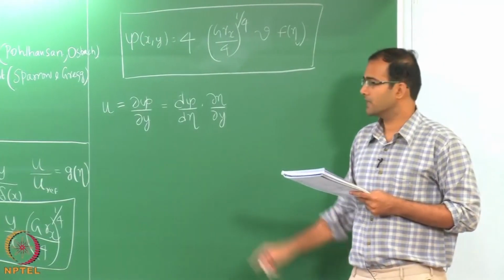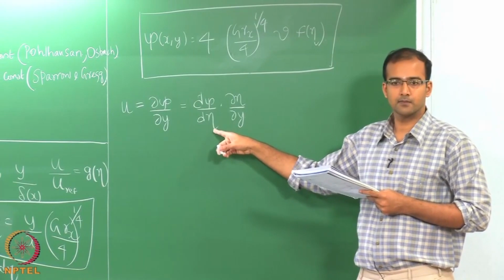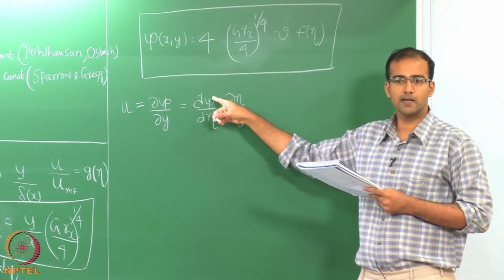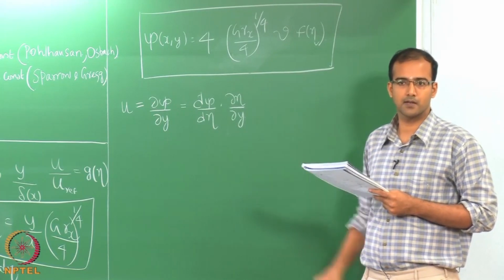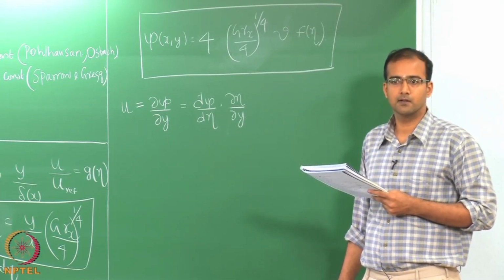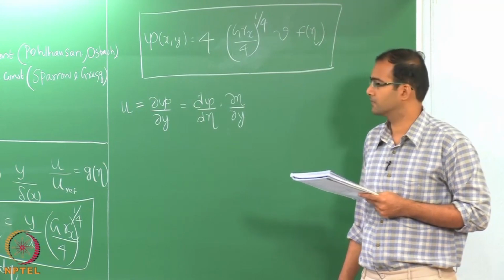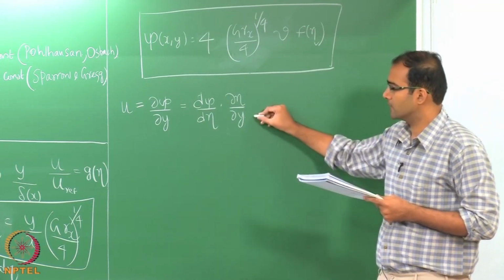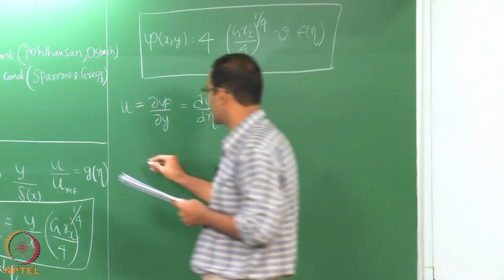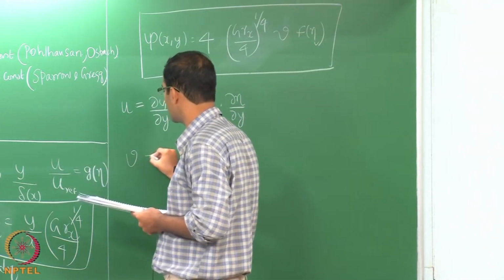Okay. The psi is a function of y through eta. So, now we will write d psi by d eta into the similarity variable, which is a function of eta, so this is a partial derivative d eta by dy, using the chain rule of differentiation.